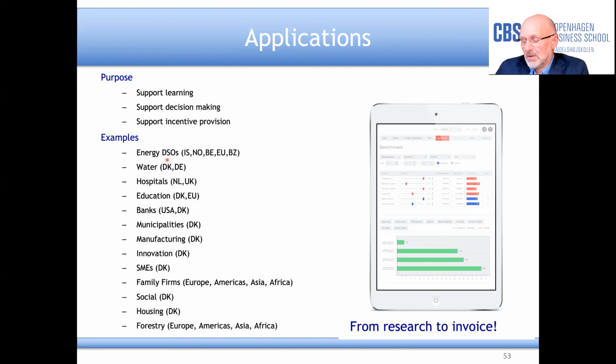So this really represents how you can go from research. All of these studies are done on careful research, but what we want to focus on now is the applied side of it. How can it be used by real decision makers?